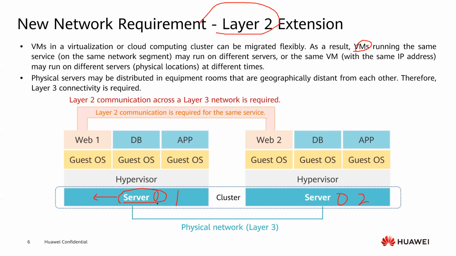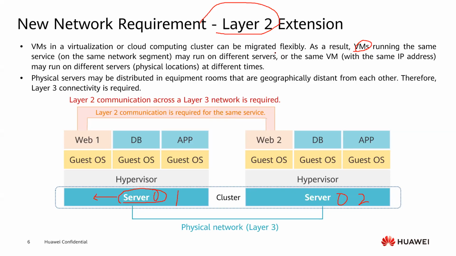I know you can do it with traditional VLAN technologies, but it sounds weird. Who would use VLAN technologies to build a huge Layer 2 network across cities? So that is the problem: how do we build a Layer 2 network across different cities?